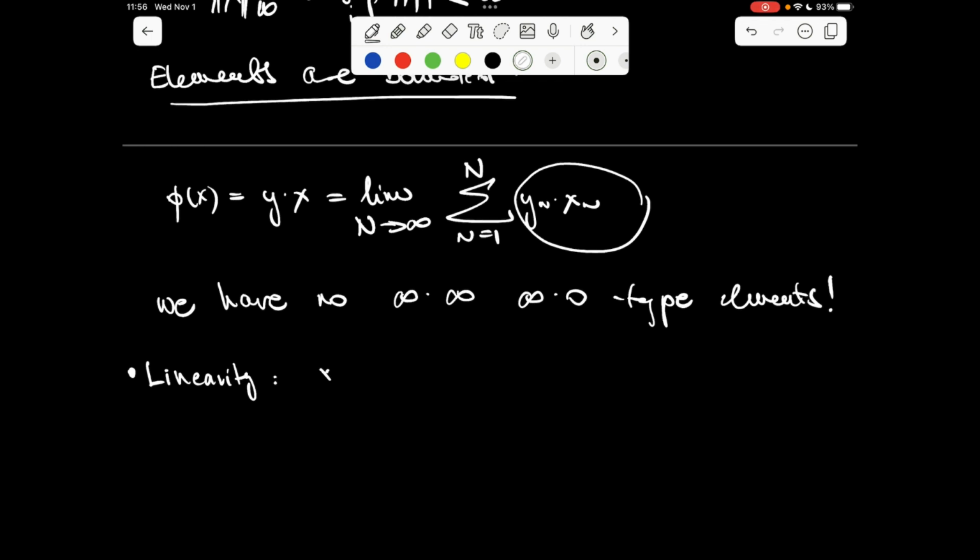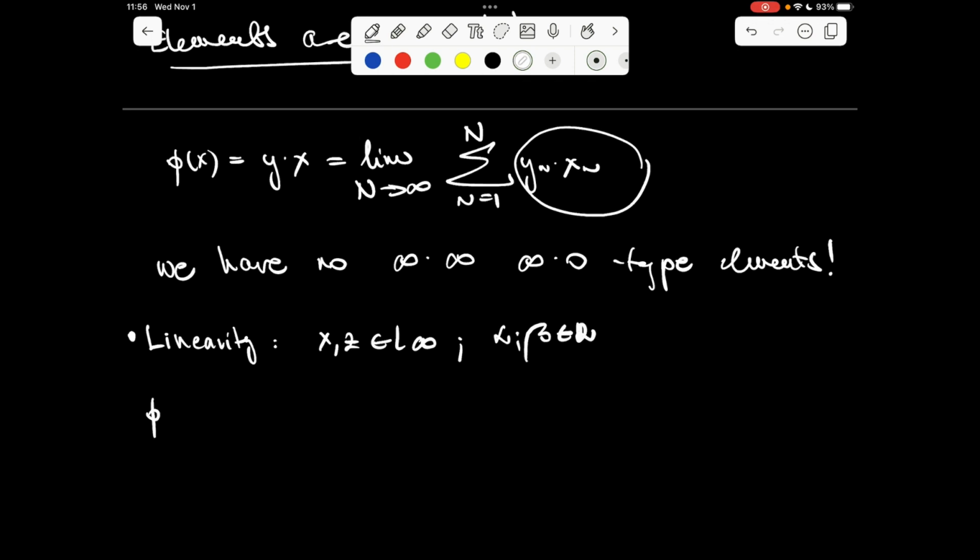We have x and z, two infinite sequences in L infinity, and we have two real numbers. Let's put this weighted sum into the linear functional to check if it is linear. It's no big deal.